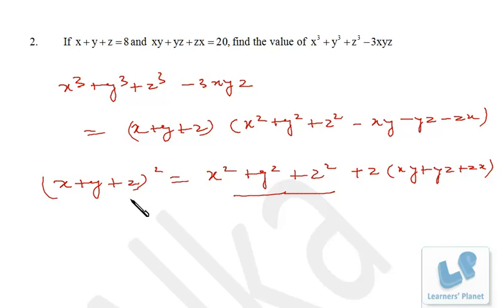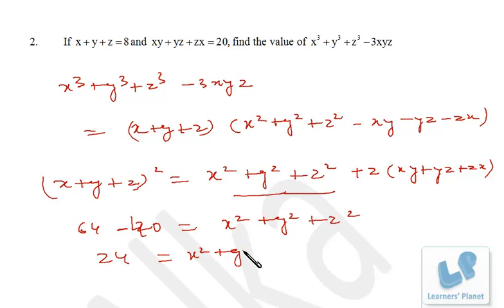Now x plus y plus z is 8, so this is 8 square, 64. Then minus 2 times xy plus yz plus zx, which is 2 into 20, that is 40. And this is x square plus y square plus z square. So 64 minus 40, that is 24. That is the value of x square plus y square plus z square.